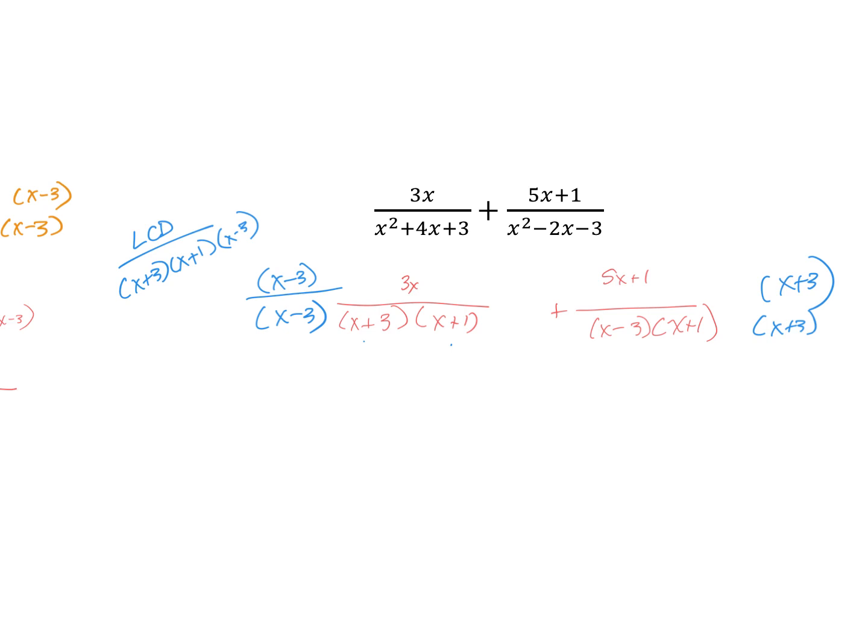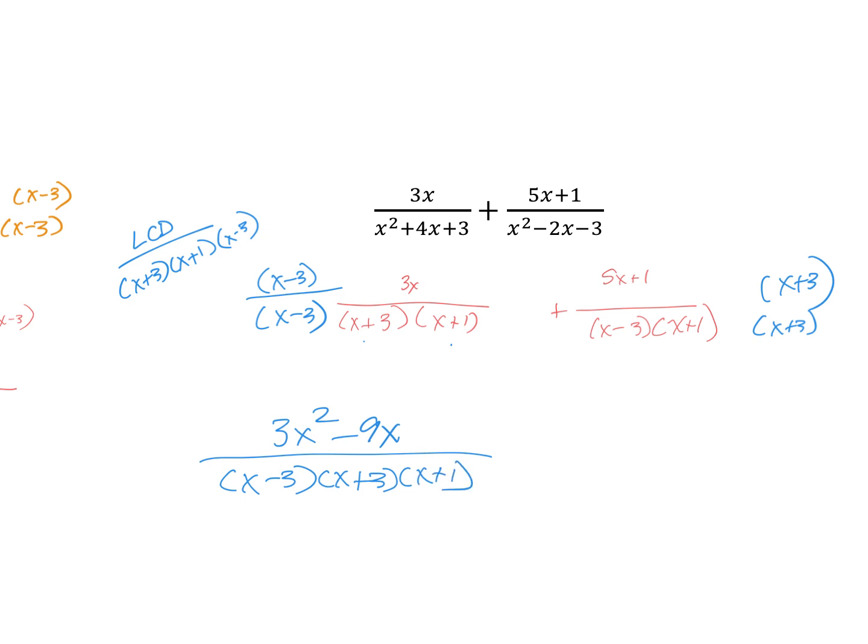So then what do I have for the first one? It would be 3x squared minus 9x for the first fraction. That one's easy. Not easy, but it's just the distributive property.